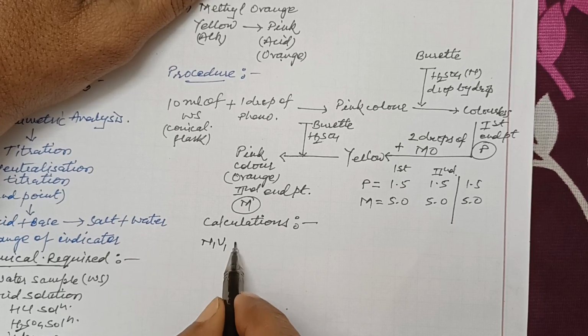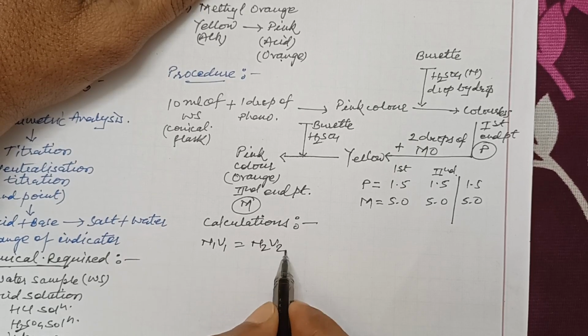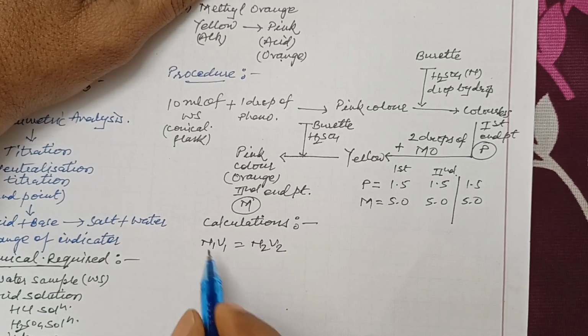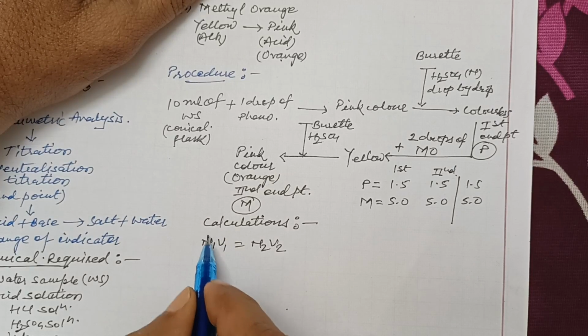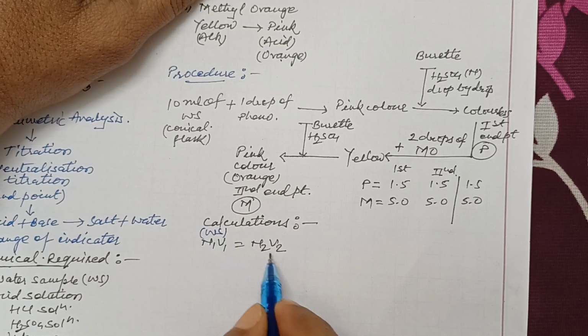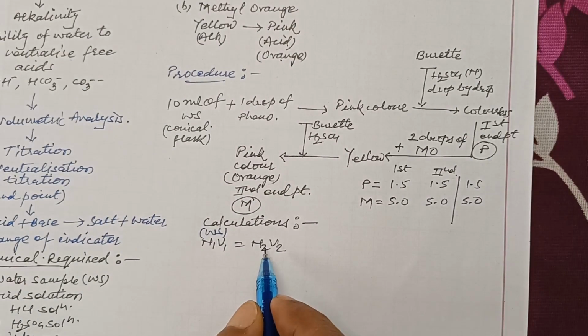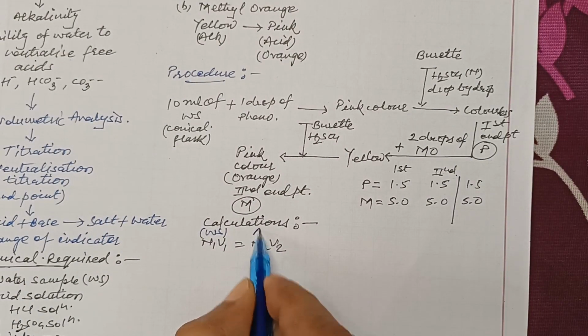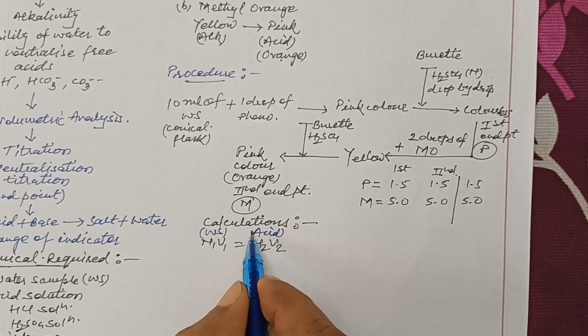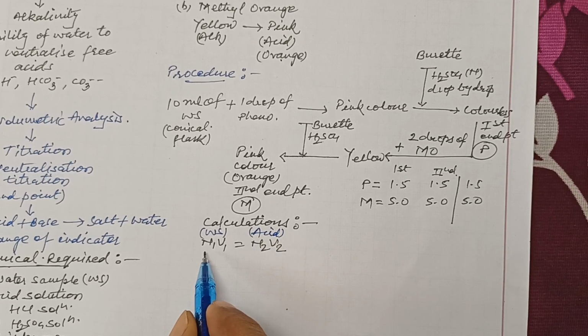The formula is N1V1 = N2V2. Here N1V1 stands for the water sample and N2V2 stands for the acid solution. N means normality, V means volume.